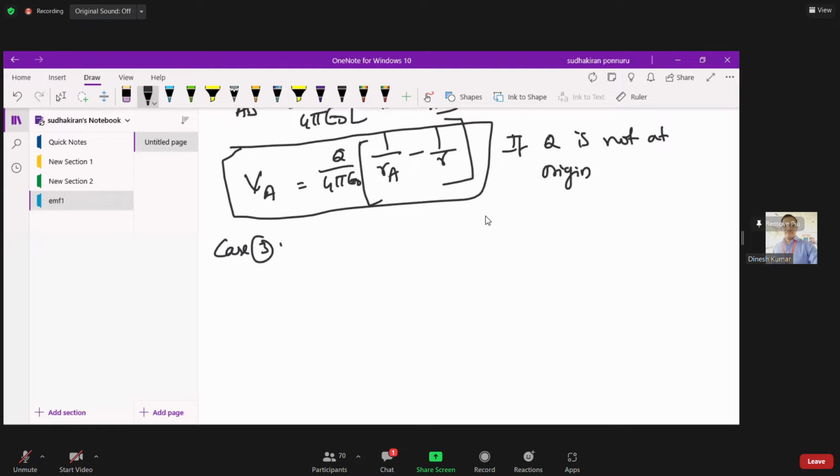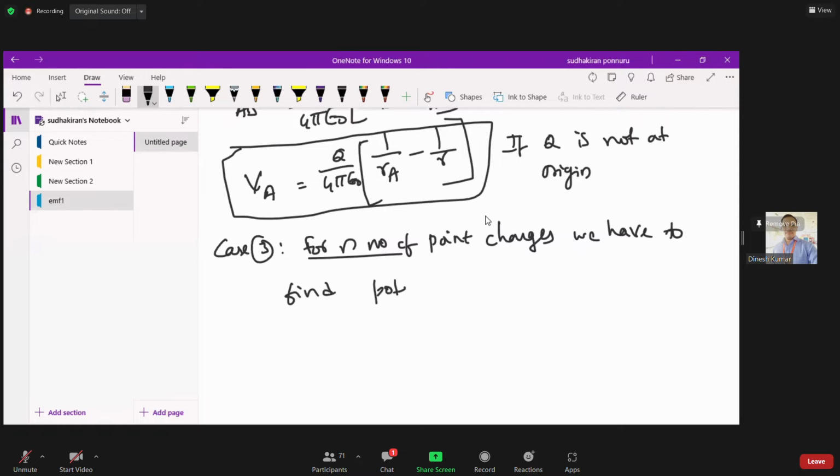Case 3, that is for n number of point charges. For n number of point charges, we have to find the potential at location A. Okay, so we have to find the potential at A because of n number of point charges.